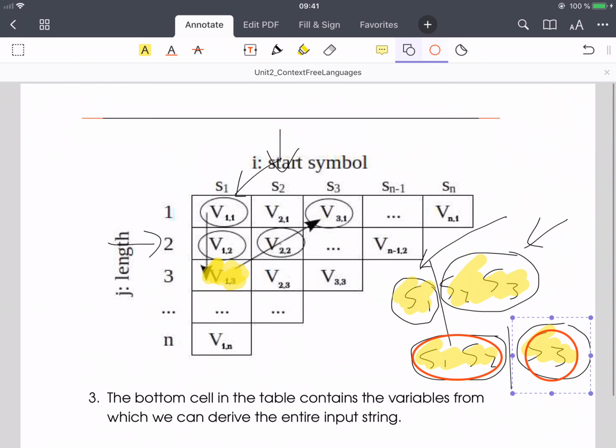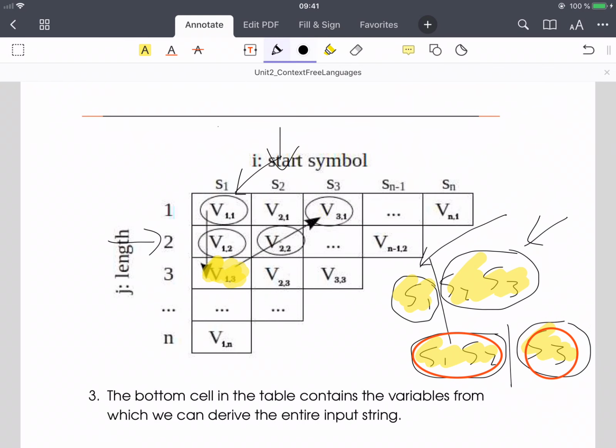They must be in this column because they start in S1 and have length 2. So they are exactly the variables in this cell. And what are the variables that generate S3? They must be in this column because they start with S3 and they have length 1.